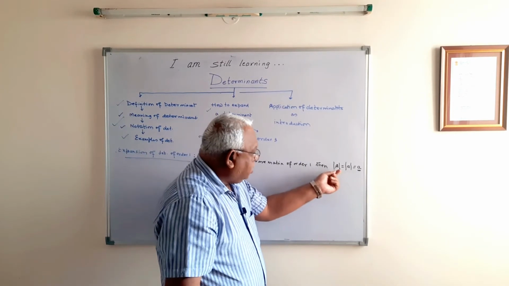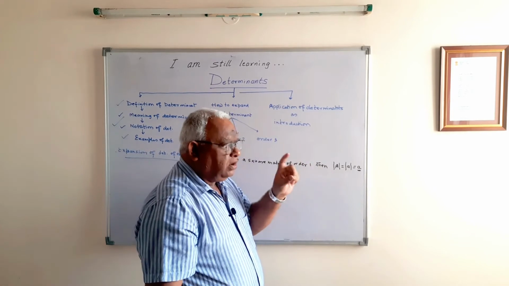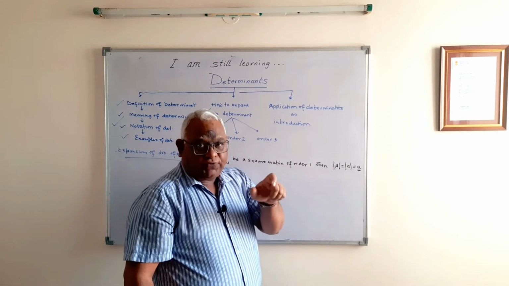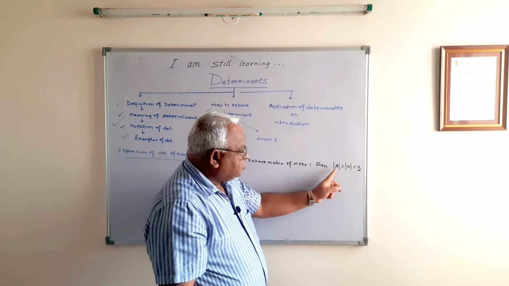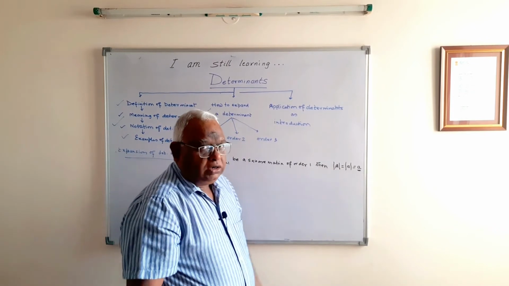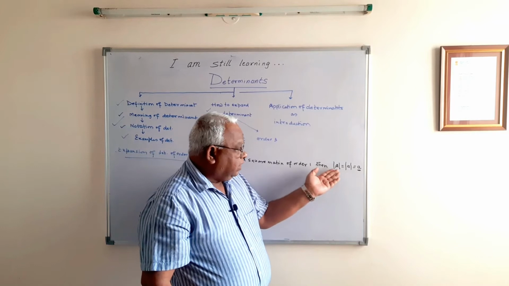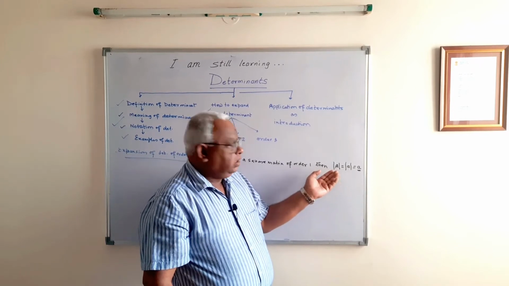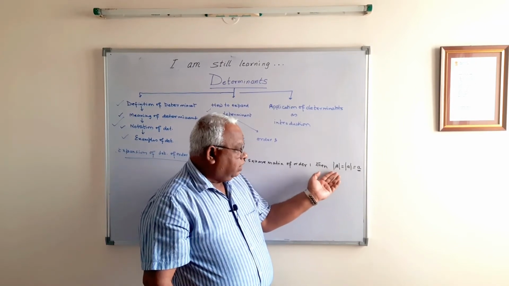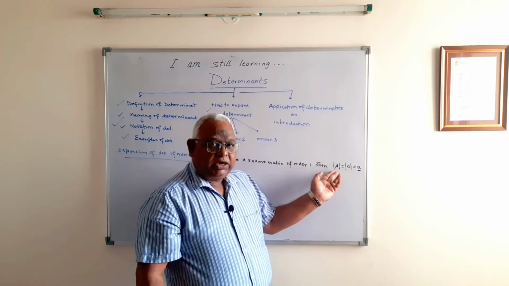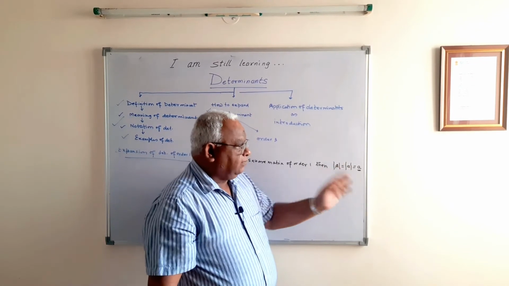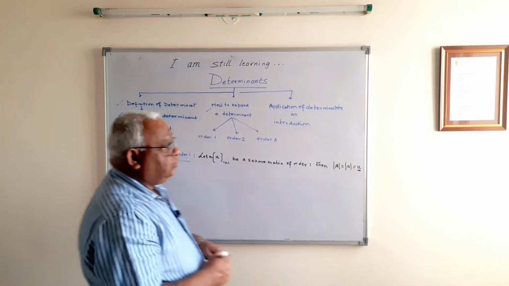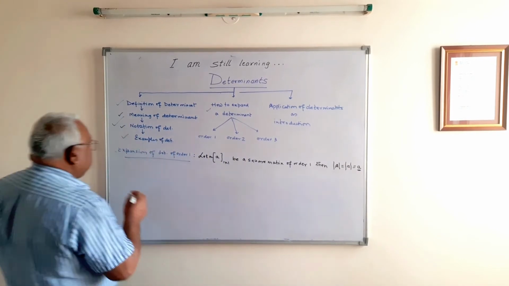This symbol matches with the sign of modulus or absolute value, but this symbol is also used for denoting determinant of A. So when you define determinant of A by this symbol, this means determinant. So the value is same as the element.